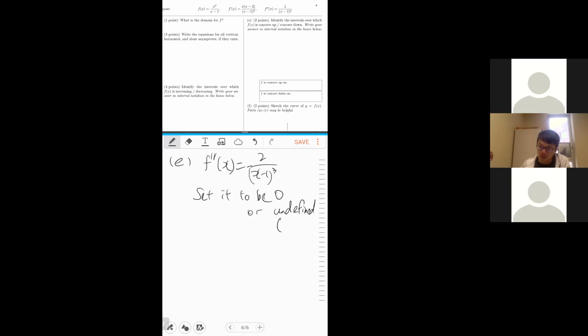Nope. So x equals 1 was the only undefined point, but it's not in the domain, so we wouldn't say it's an undefined point. And so that means I only need to check where 2 over this is 0.